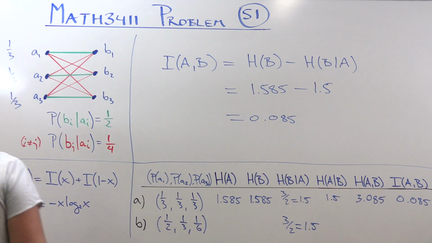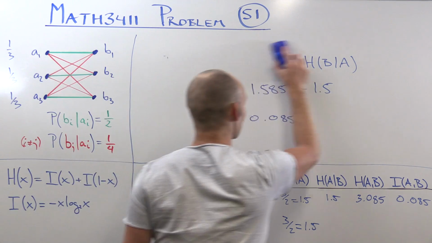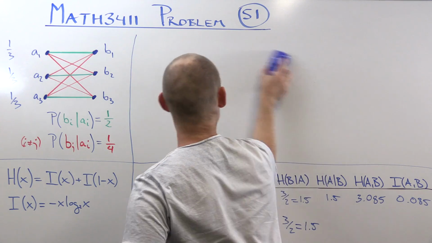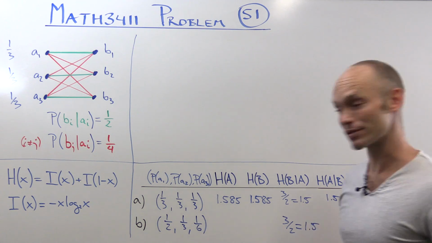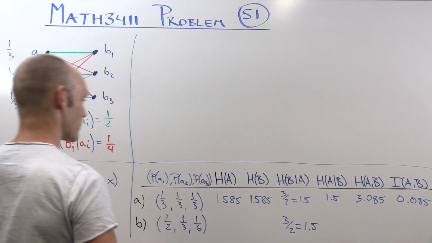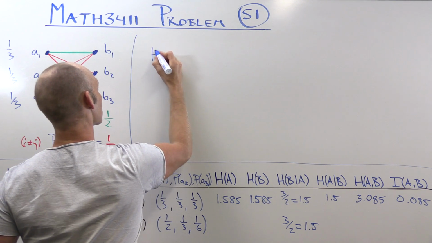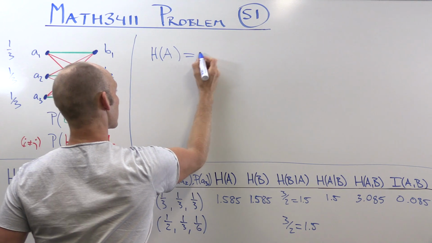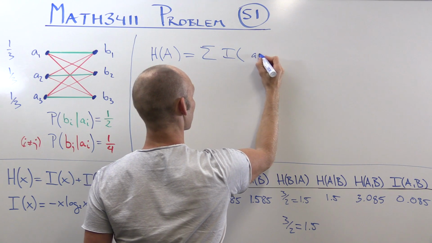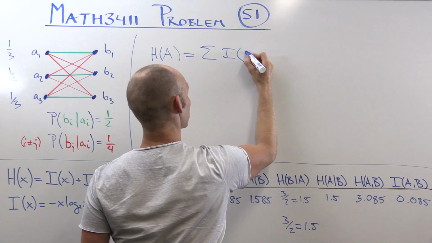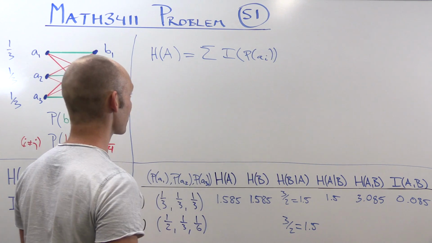So let's do the same thing for part B. Now in part B, things aren't going to be quite as easy. We've figured out what one of these entropies is, but we have to figure out the rest as well. So let's do that. The entropy of A is the sum of these functions over the probability of a_i, which is more precise.